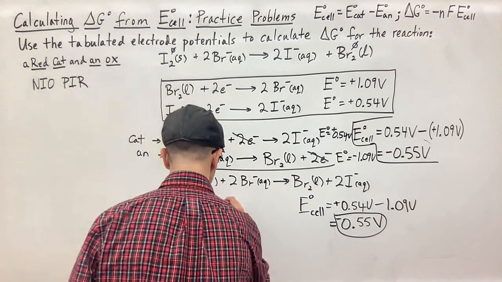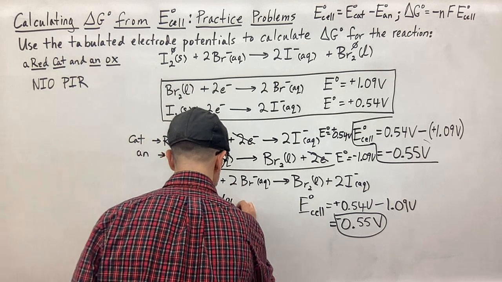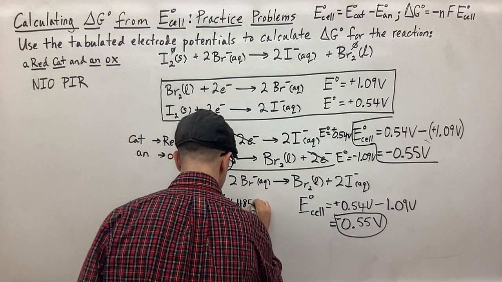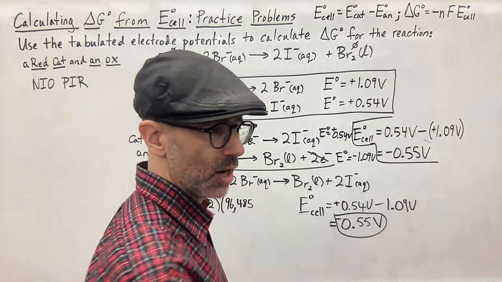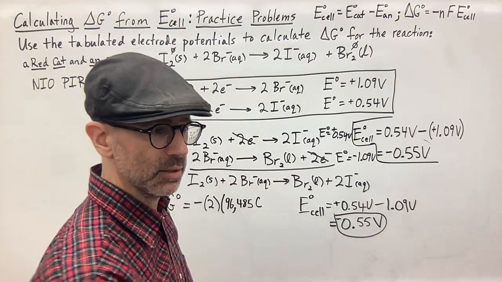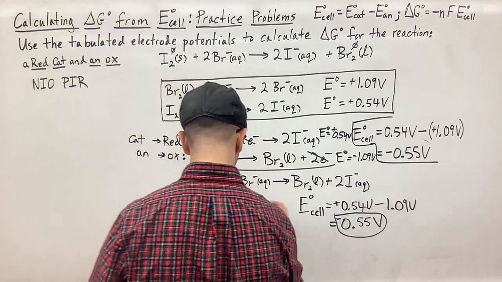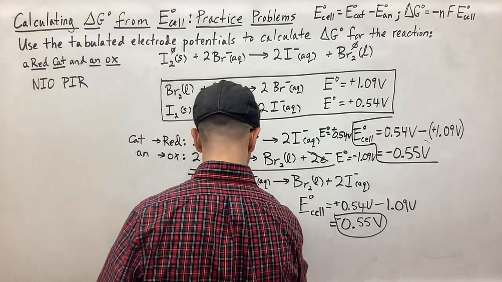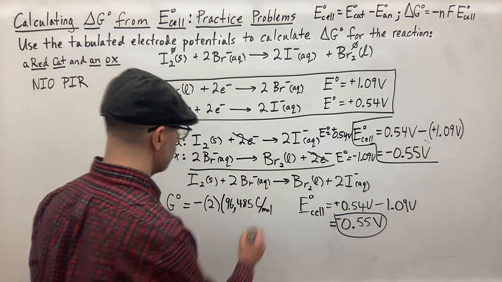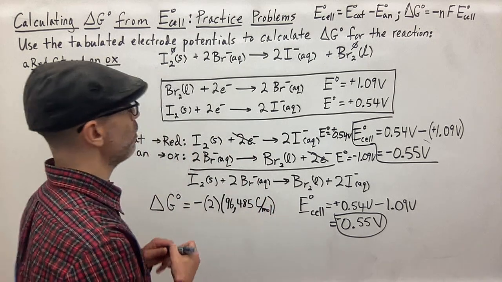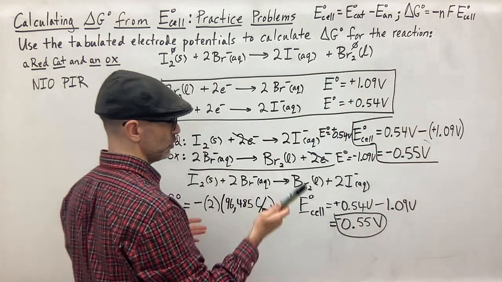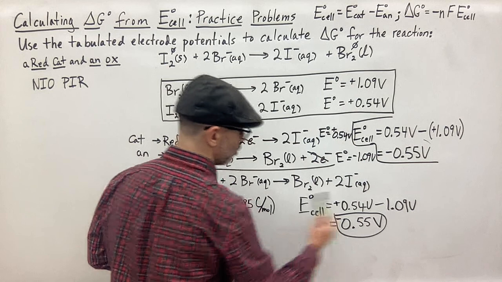So we're going to add Faraday's constant, which is 96,485. And the units are coulombs per mole of electrons. And we're going to multiply that by our standard cell potential, which we just calculated, which is negative 0.55 volts.